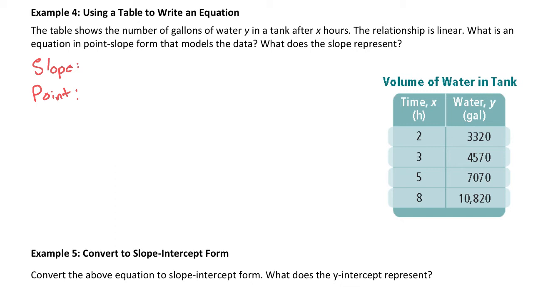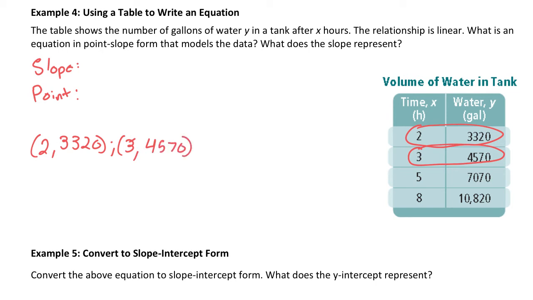I'm just going to pick the first and second points. The first point is the point (2, 3,320). The second point is the point (3, 4,570). Going back to finding the slope using the slope formula, y2 minus y1 over x2 minus x1.